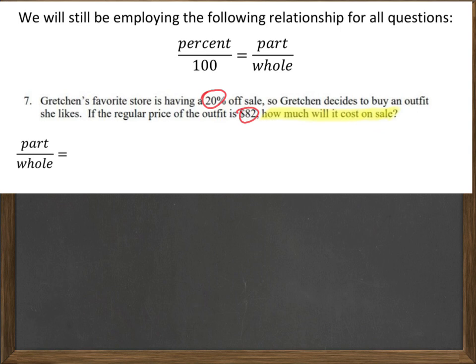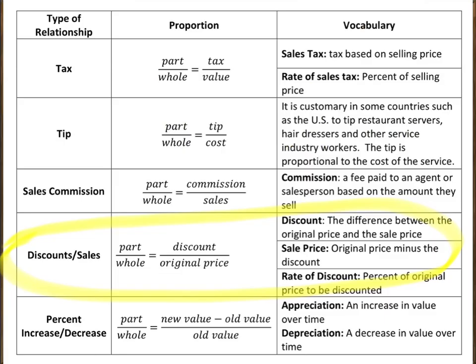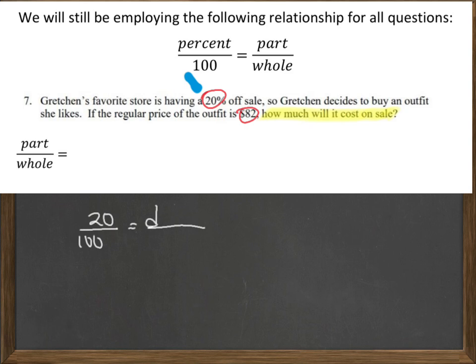Normally, the first thing we do is take this 20% and rewrite it as a fraction. So we would have 20 over 100 is equal to something over something. Remember, that relationship is the discount divided by the regular price.